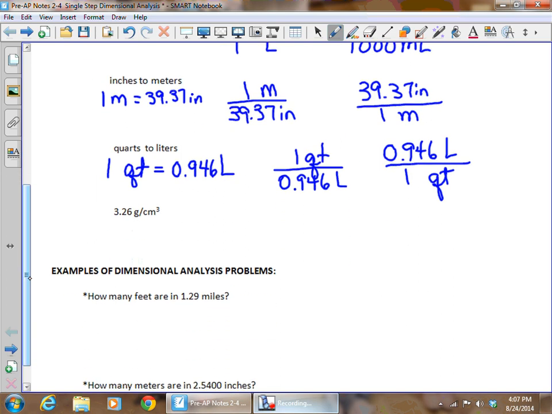The last one I want to go over for this first section of the notes is what happens when we have what I call a complex unit. A complex unit has more than one unit in it. And in this case, grams per cubic centimeter happens to be a density unit, and we're going to see more about that in this particular unit that we're studying.